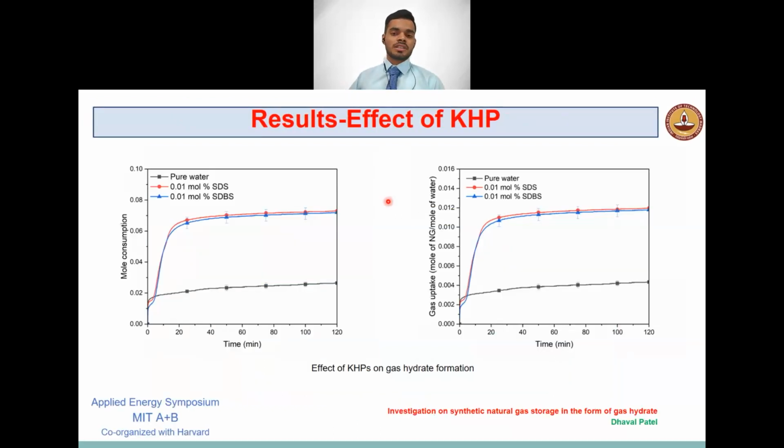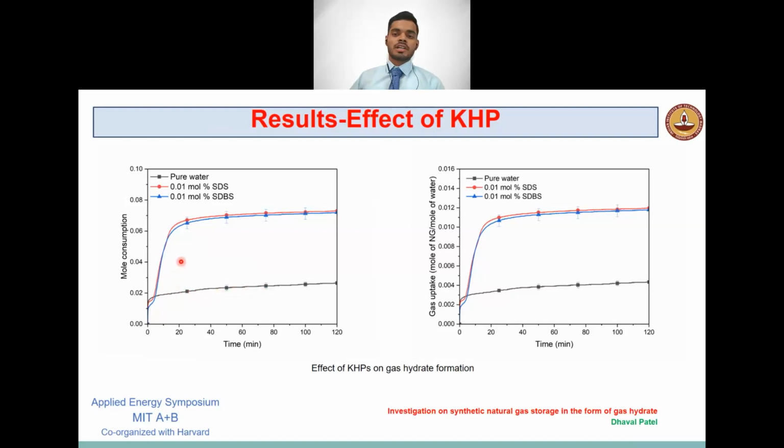So these are the gas uptake data and the mole consumption of kinetic hydrate promoters with respect to pure water. Here we can see that with water we have very low mole consumption.